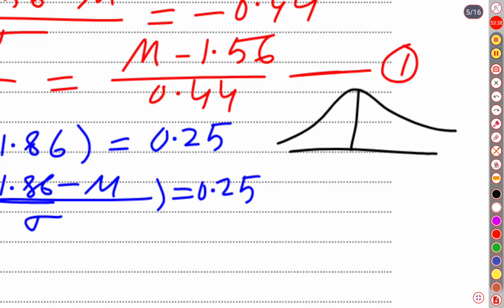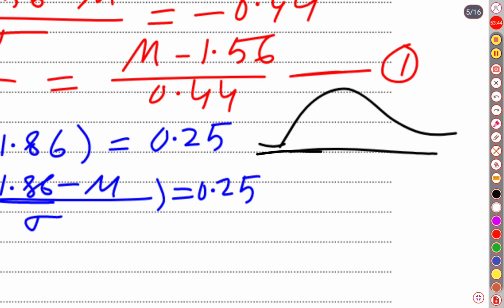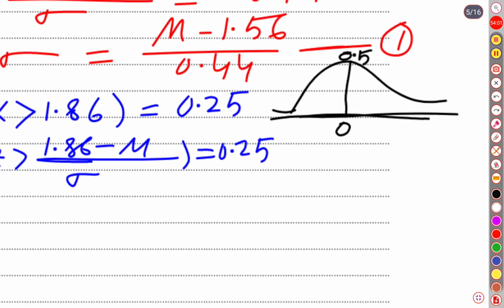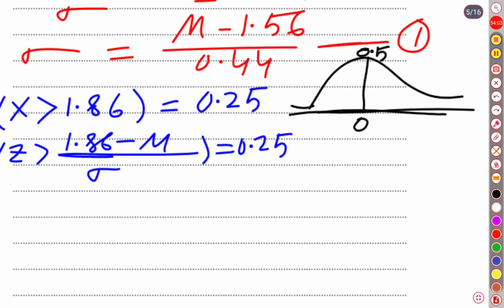Okay, let me write a little bit better. So this is the mean line, and here probability is 0.5, always the midline. Left side is 0.5, right side is also 0.5. Now we require, they have told our z score is what? Score is greater than or smaller than. They told z is greater than.